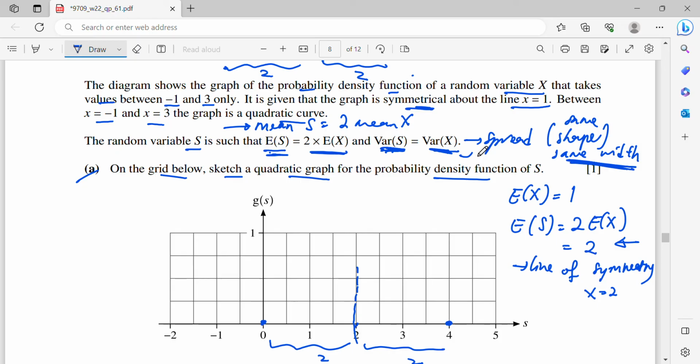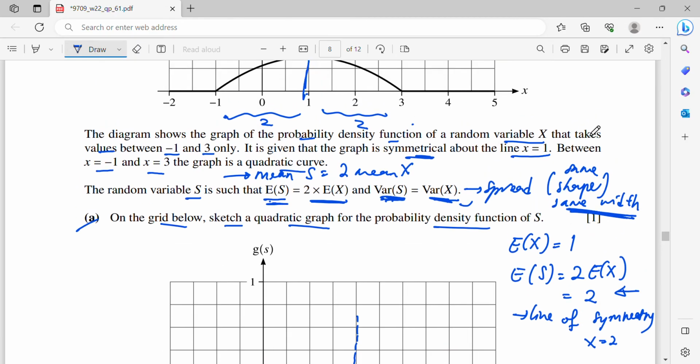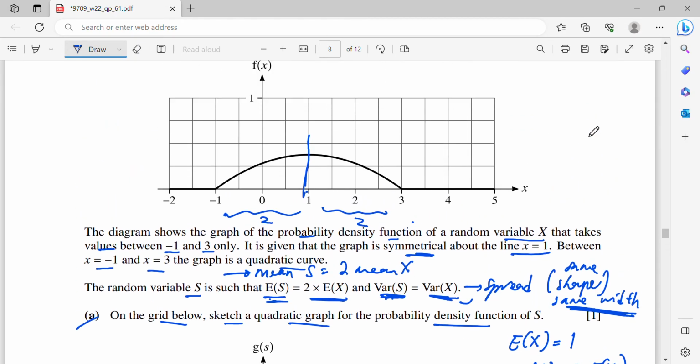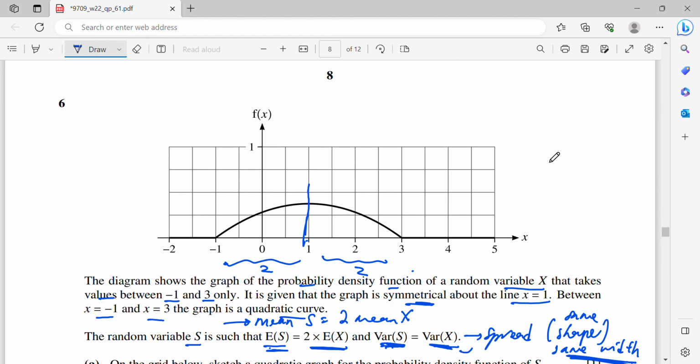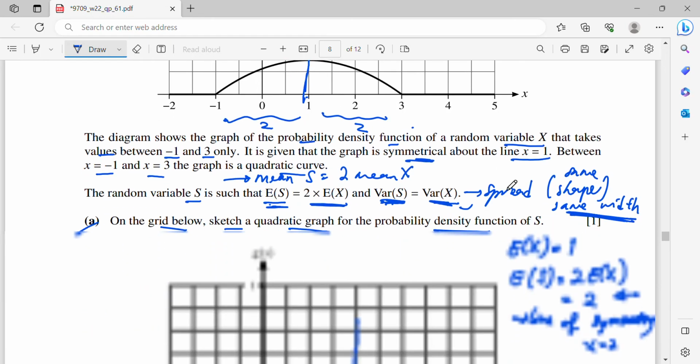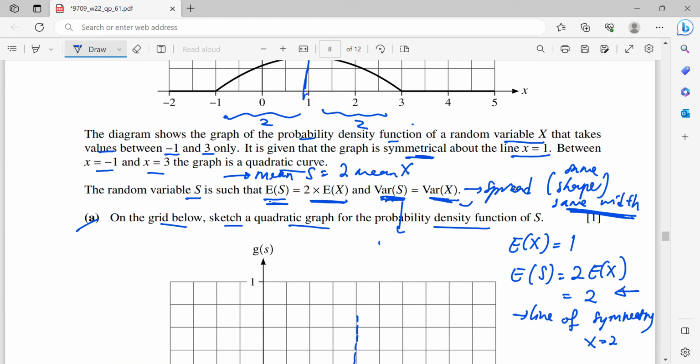Now for the height. The height will be the same, because the same variance means you will get the same standard deviation.